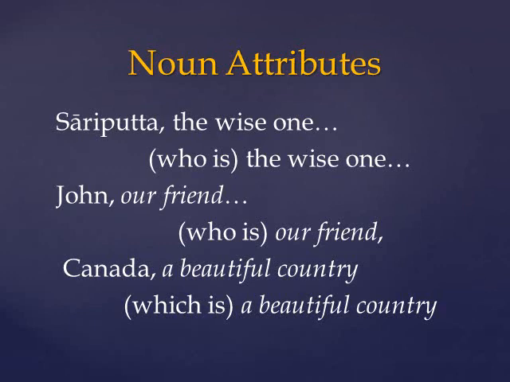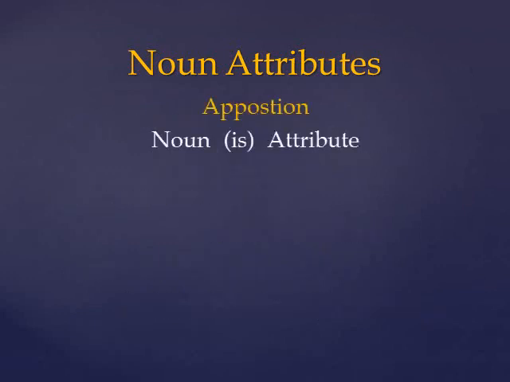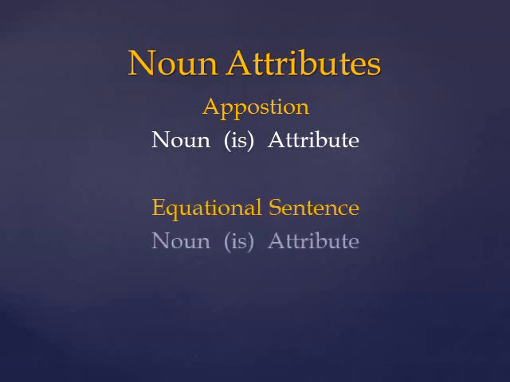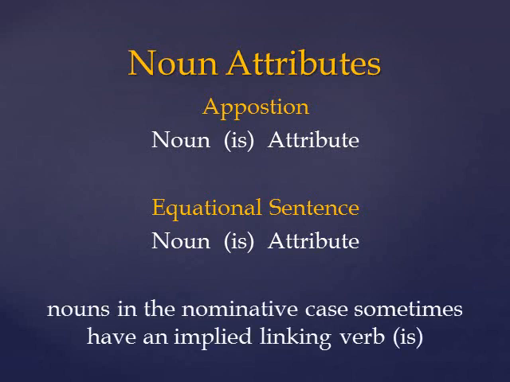So we can see with apposition there's an implied is, linking the noun and its attribute. Now, in equational sentences in Pali, the is also often just implied, and doesn't actually appear as a word in the sentence. So if in Pali we find two nouns in nominative case, there may be an implied is linking them together.